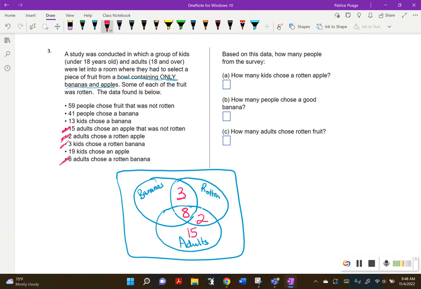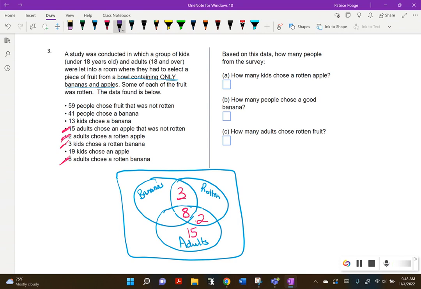Okay, so that was my first time through. Going through my second time. 59 people, so adults or kids, chose fruit, so bananas or apples, that was not rotten. So you take your thumb and you cover up the rotten circle, and it's these other numbers. Can't do that yet. 41 people chose a banana, so the banana circle will add to 41.